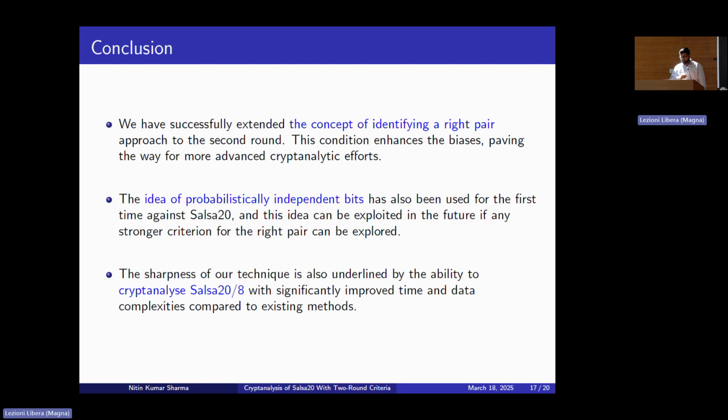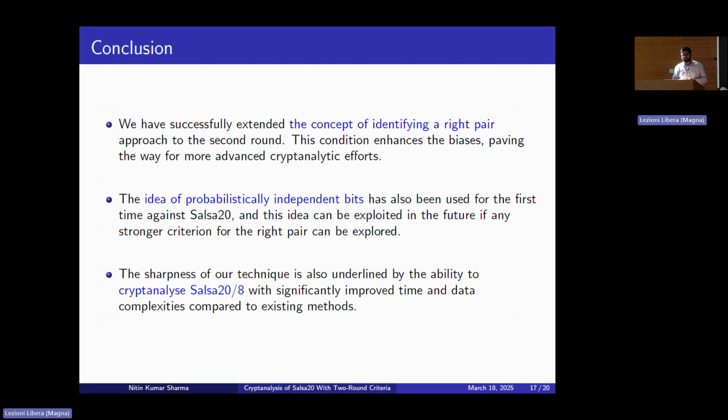So I'll conclude my talk with this: what we have done in this work is that we have modified the right pair idea and moved it to the 2nd round so that we can improve the bias values, and we can use it further to provide a solid right pair technique. And this PNB IV technique was not used in the context of SALSA, and the merging with data complexity value was never done.